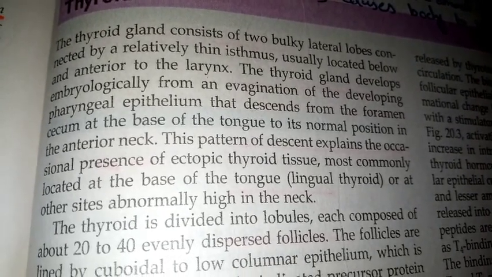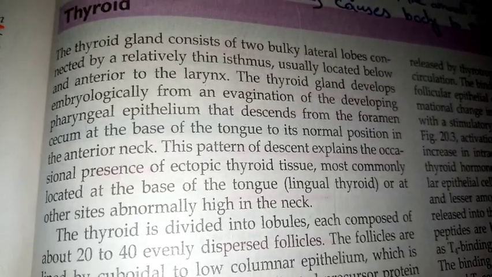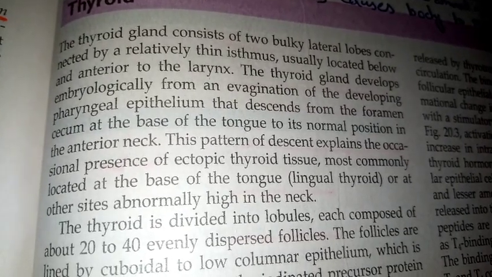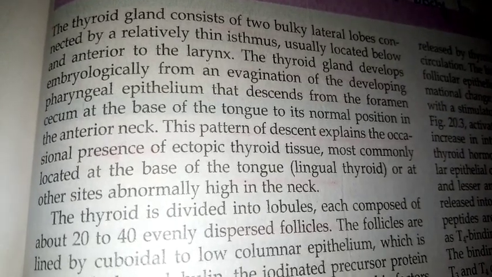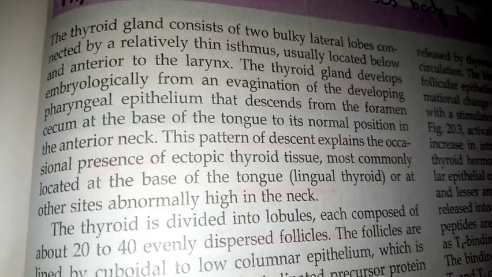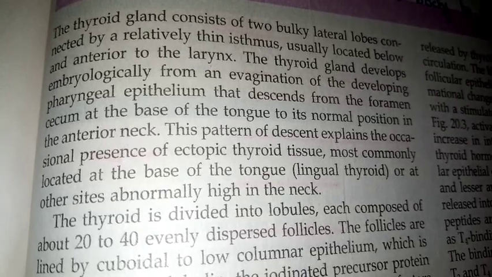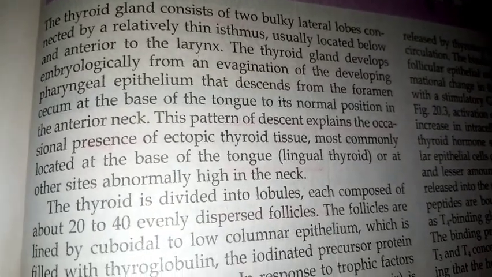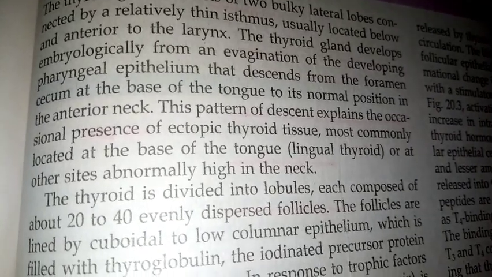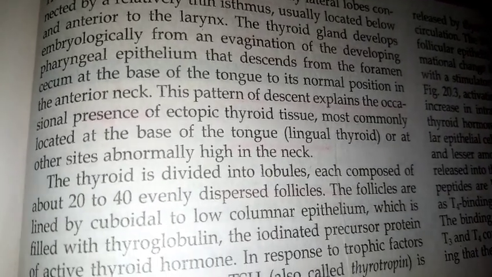It develops from the pharyngeal epithelium and descends from the foramen cecum at the base of the tongue to its normal position in the anterior neck.